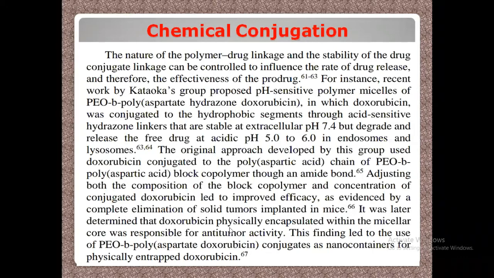In this, doxorubicin was conjugated to the hydrophobic segments through acid sensitive hydrazone linkers that are stable at the extracellular pH of 7.4, but degrade and release the free drug at acidic pH of 5.0 to 6.0. So in that acidic pH it will release the drug in endosomes and lysosomes.